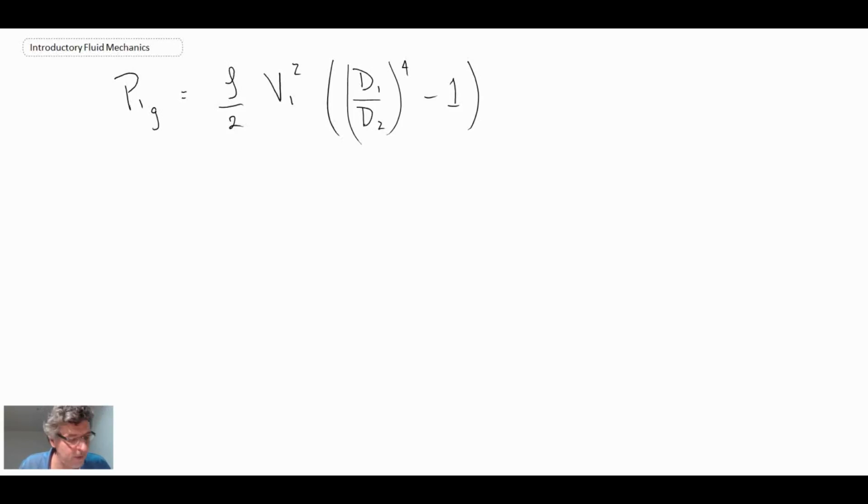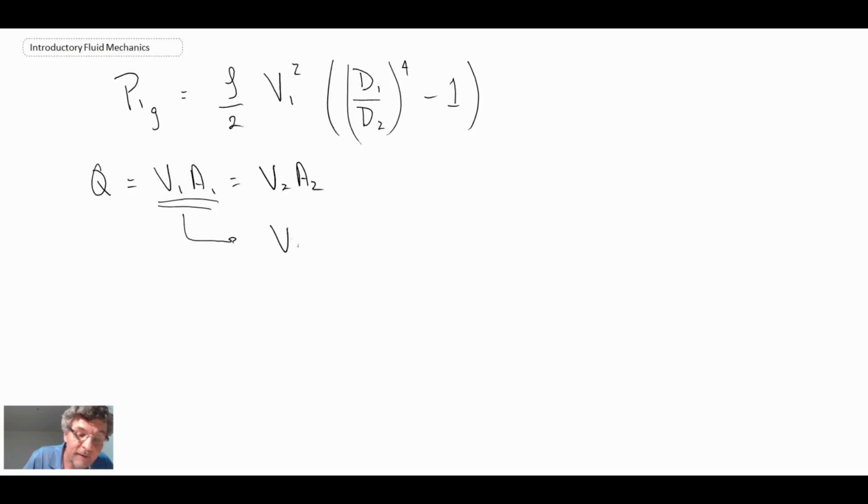Now, what else can we do here? Well, remember, we want to express this in terms of volumetric flow rate coming through the nozzle. Volumetric flow rate will be in meters cubed per second. So volumetric flow rate is equal to V1A1, and it's also equal to V2A2. We're going to work with V1A1 here, and so let's expand that out.